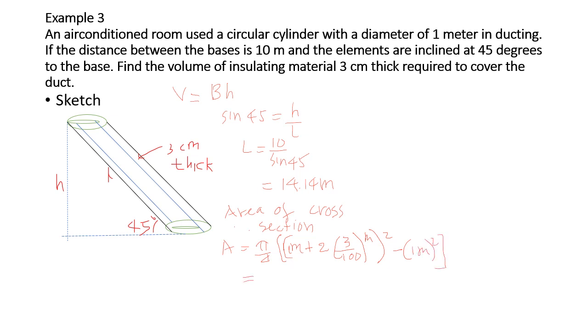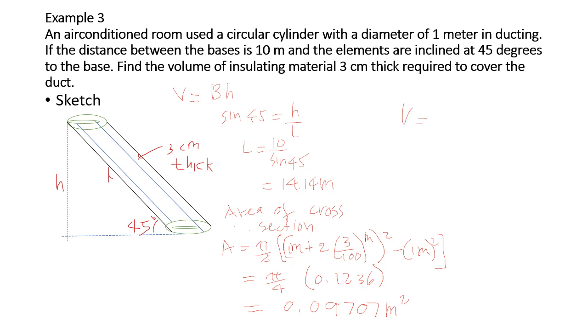So this area is equivalent to pi over 4 times 0.1236, equivalent to 0.09707 meters squared.